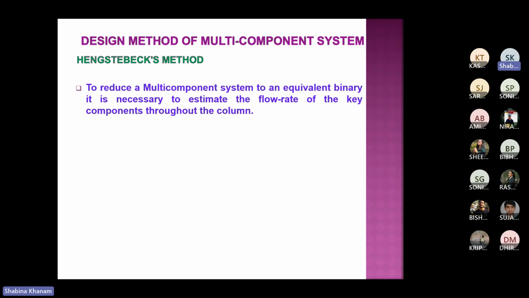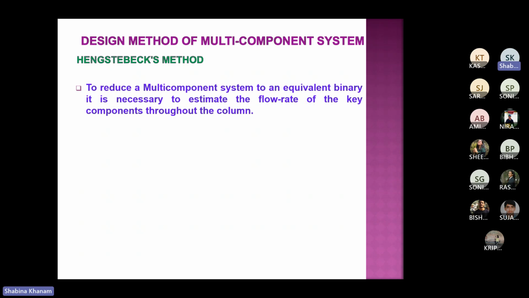That is one thing. Another thing is, whatever non-heavy key components are available, you will add flow rates of all those components. So these are two things. It means you have collected all non-key components together, in the light section also, in the heavy section also.